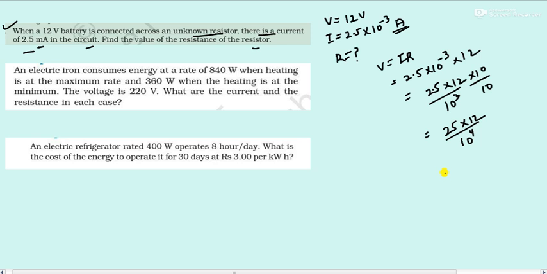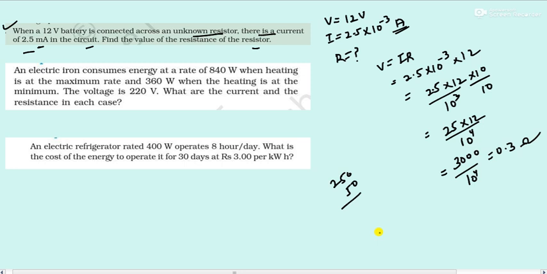So now how much will you get? 25 into 12, if you know that, 250 into 50, right? 25 plus 50, 2, it is around 300, I guess. Yeah, 300 divided by 10 power 4, it is around 0.3. Okay, this is the answer, 0.3 ohm.